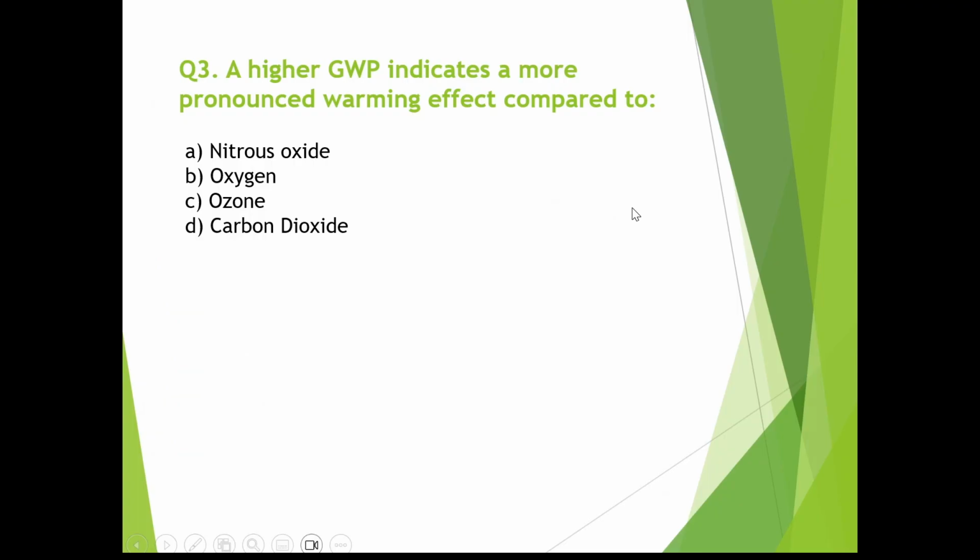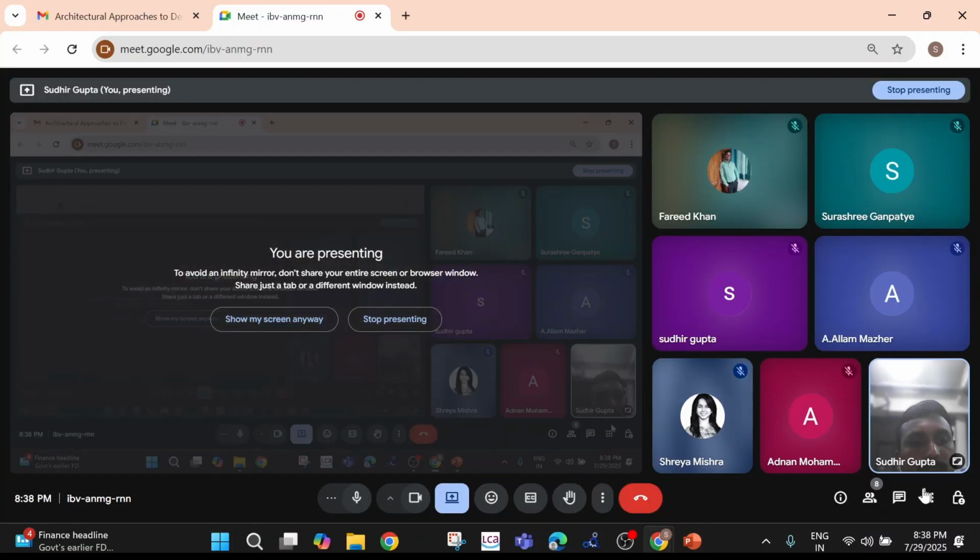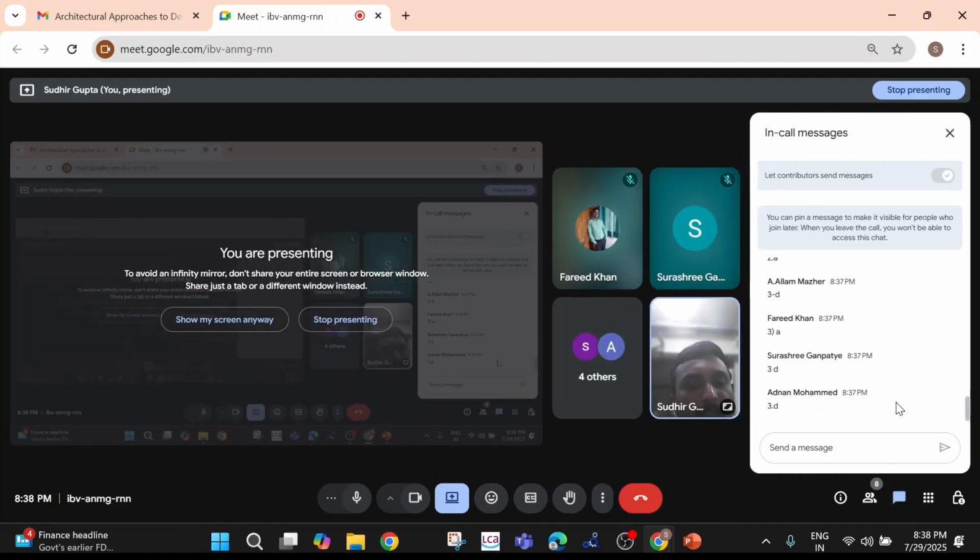As I have explained many times, global warming potential is always measured relative to carbon dioxide, and the GWP for carbon dioxide is 1. A higher GWP means that the gas has a stronger global warming effect per unit mass than CO2. Clear? Can we move to the next question then?